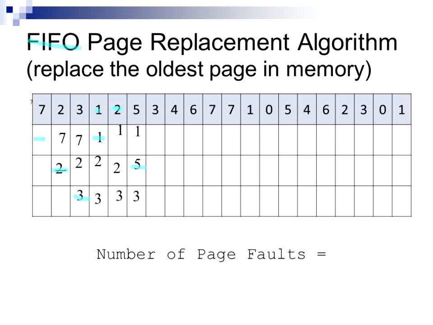Okay, so does everybody see how this works? When we get to 3 here, when 3 wants to come into memory, Sarah, we wouldn't have to remove it. It's already there. We don't have to do anything. It would just use page 3 that's already in memory.